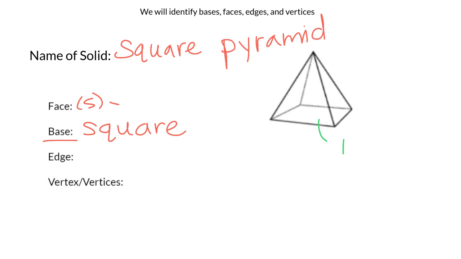That means that there are going to be 4 triangles, one that comes off of each side of this. So if I think about that, I have one shape as my base, 1, and then plus 4 triangles, 1, 2, 3, and then this one right in front is a little bit tricky to see or name, but 4. So 4 plus 1 is 5. That is how many faces we have in our square pyramid.